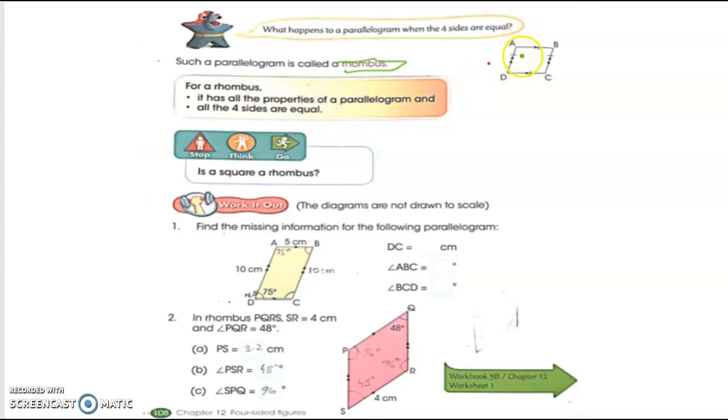That means to be a parallelogram, they have parallel sides. Opposite sides are parallel, right? Even in a rhombus, the opposite sides are parallel. Never mind. Is a square a rhombus? Yes, a square is a rhombus.